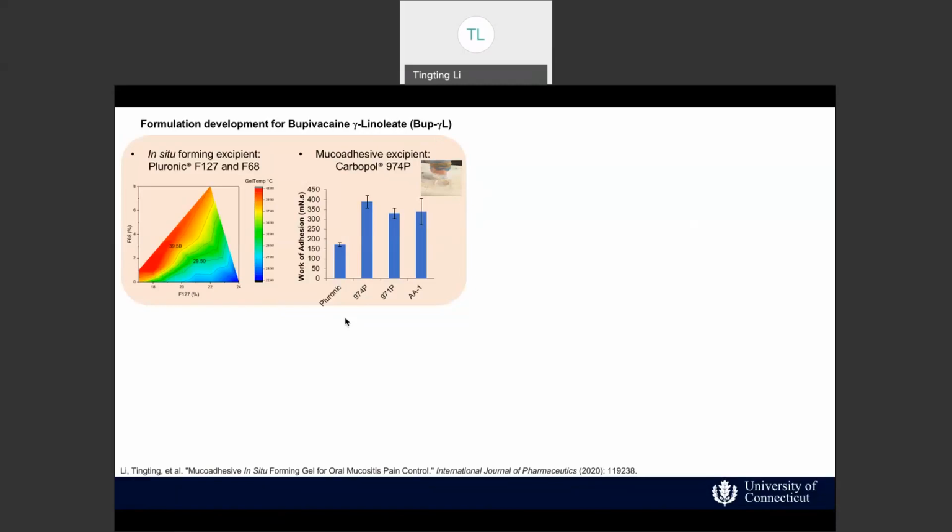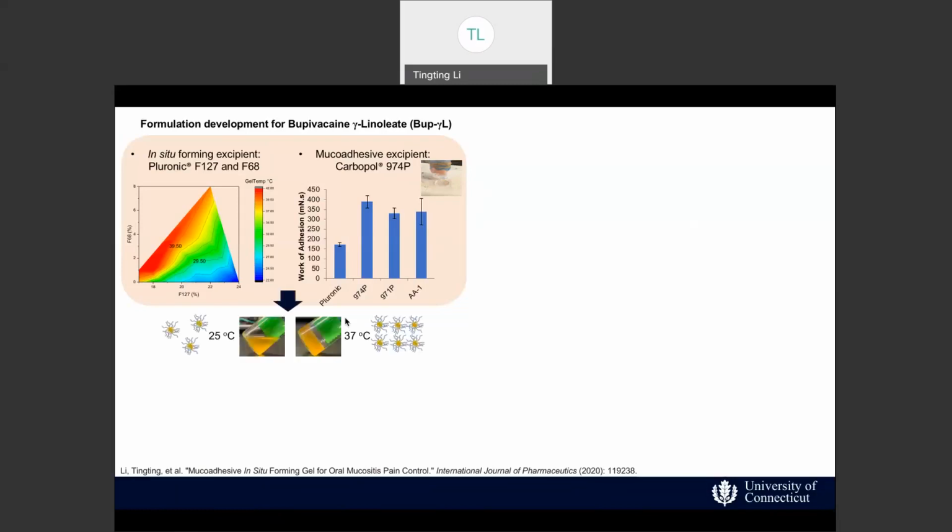From the result, we can see that once the mucoadhesive excipient was incorporated in the formulation, the mucoadhesive strength was significantly improved compared with the Pluronic-only formulation. Among these three mucoadhesive excipients, 974P, 971P, and AA-1, 974P showed the best mucoadhesive potential, and therefore it was used in our formulation to achieve the mucoadhesive property.